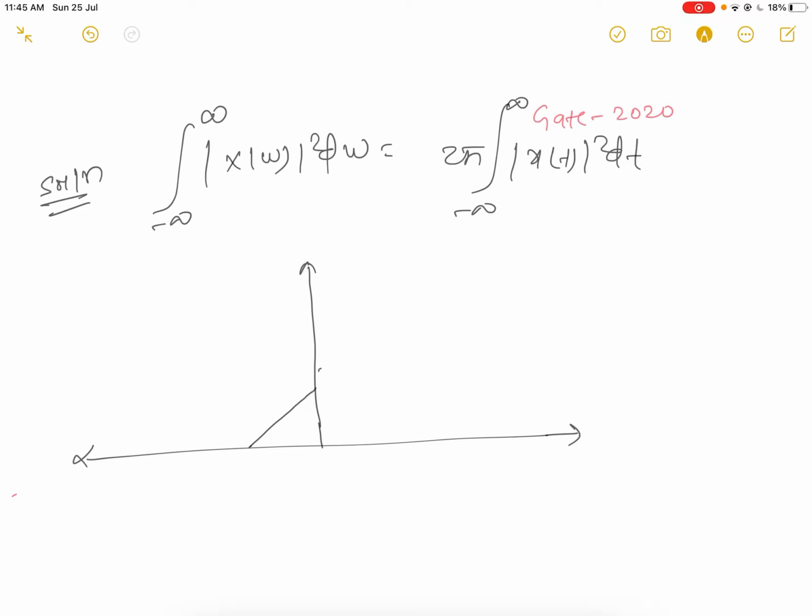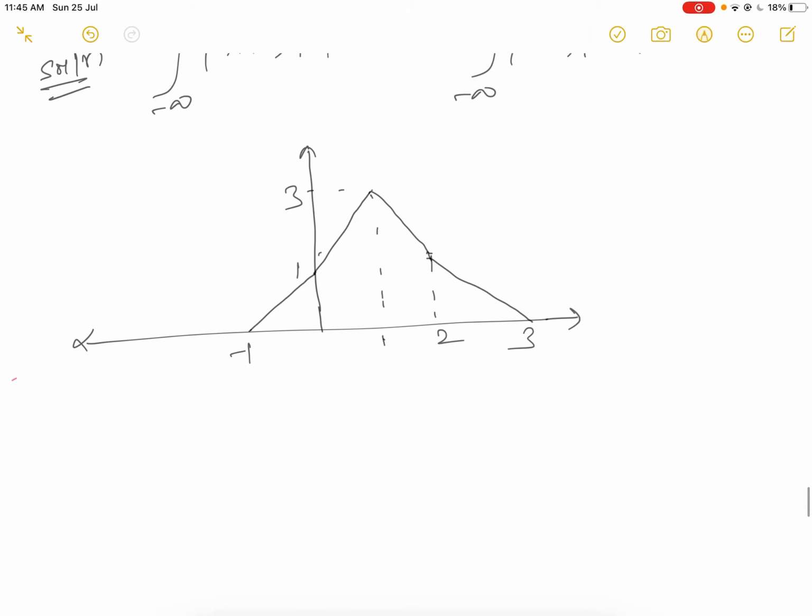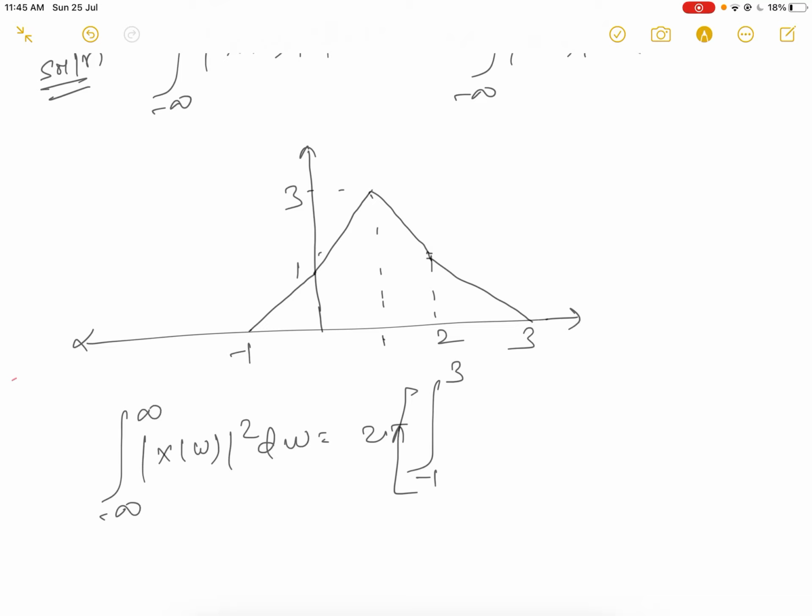So here the graph is given, with points minus 1, 1, 3, and 1, 2, 3. So the integral of |X(omega)| squared d omega is equal to 2 pi times the integral from minus 1 to 3 of |x(t)| squared dt.